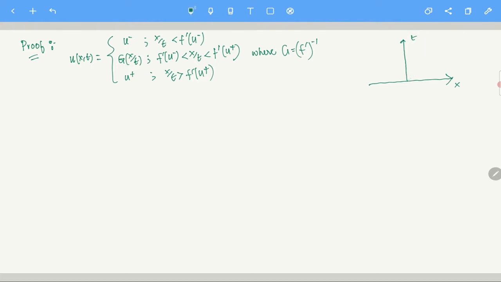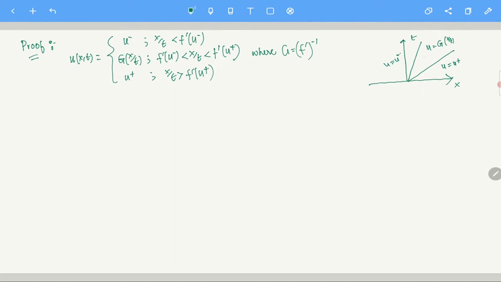This is the place where u equals g of x by t. So u is u plus here, and u equals u minus here. I'm just drawing something randomly, it's not a precise thing. Let's say that is x by t equals f prime of u minus, and this is x by t equals f prime of u plus.